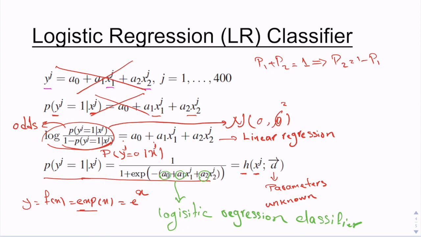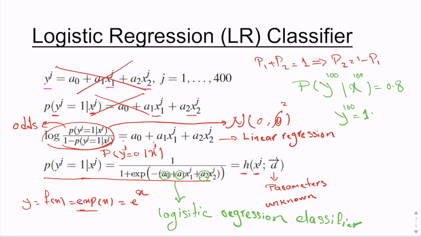So therefore, if this probability, let's say for sample 100, given the input 100, is equal to 0.8, then I'm pretty much sure that this sample y100 is equal to 1.